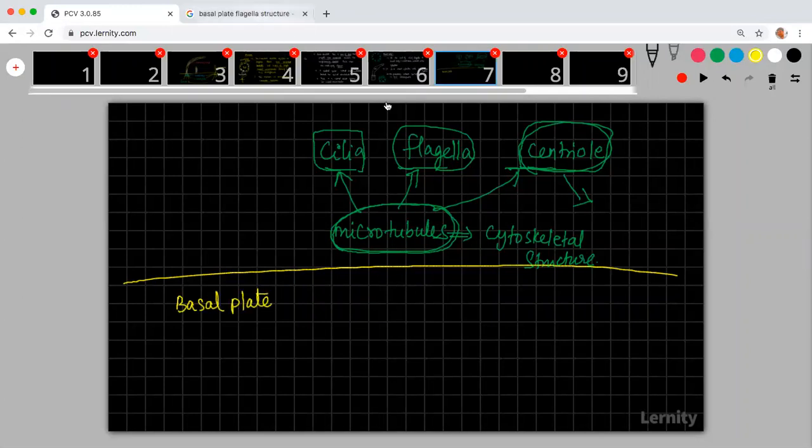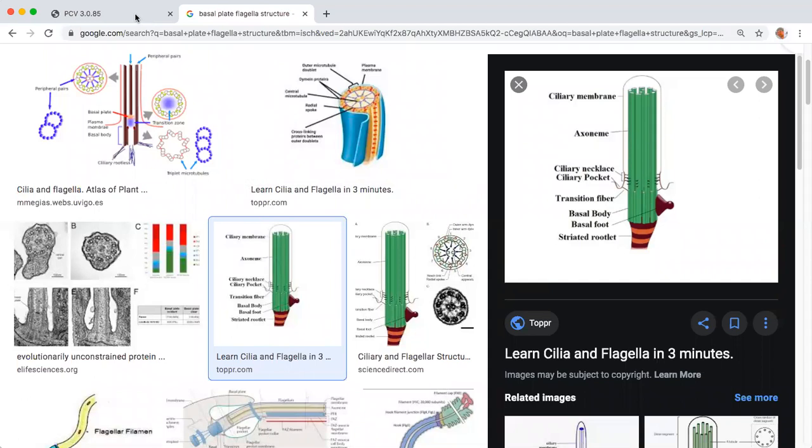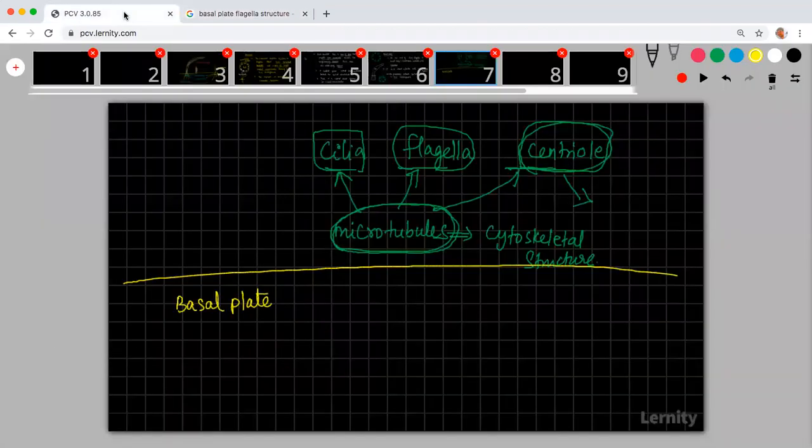In some textbooks, they would give this as basal foot. So you can just write that.